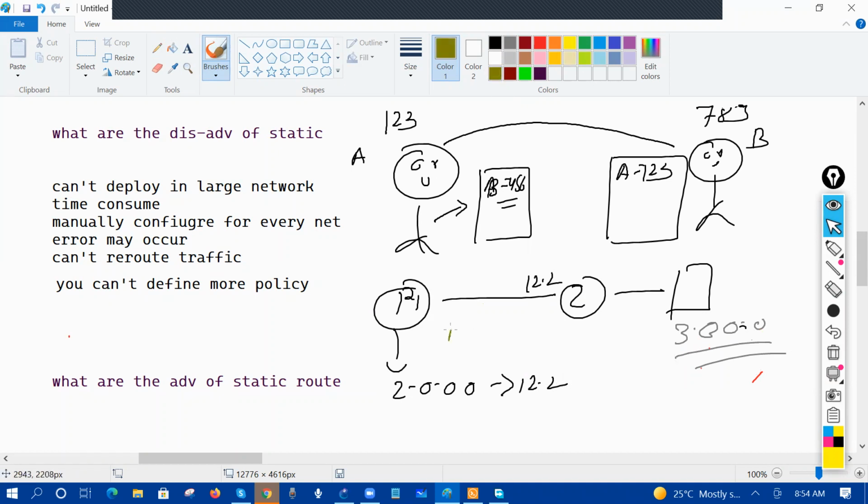R1 will keep sending the packets to 2.2.2.2, and all my traffic will be dropped at R2, because they have changed the number. So do they have any mechanism to inform the router, hey, I have changed my number? No. Static is not possible, because everything you are defining manually.